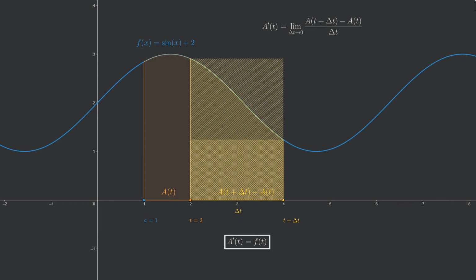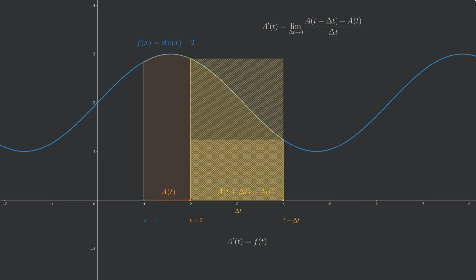For all of these functions, we could have shown, using the exact same way of argumentation, that the derivative of the area function under the function f is exactly the function f itself. That is a fundamental truth and establishes a fundamental relationship between functions f and their area functions a.